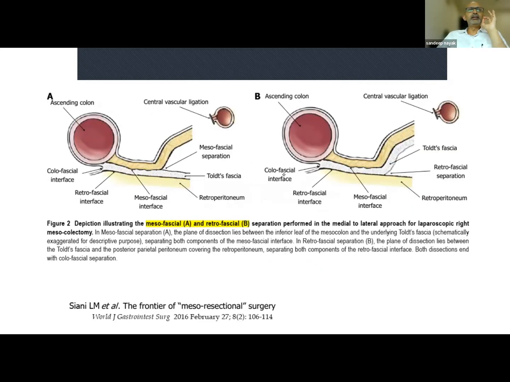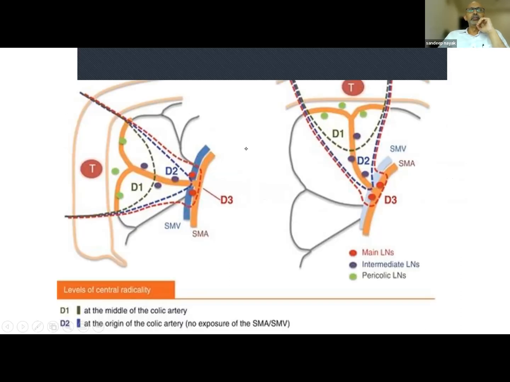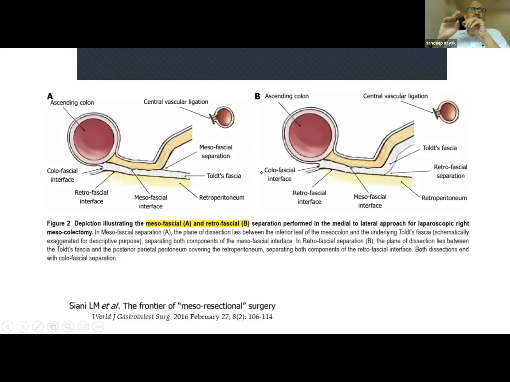Now, anatomically, what does mesocolon actually mean? Because mesorectum, we know very clearly, we have been using the terminology for a very long time. What does mesocolon mean? Mesocolon actually has not been clearly defined in any particular study.